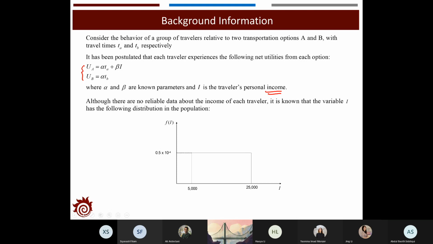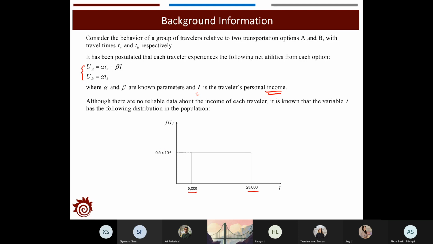In addition, in the problem, we have an assumption about the distribution of the income level. Assuming that the income level is uniformly distributed from 5,000 to 25,000, that's a constant value.